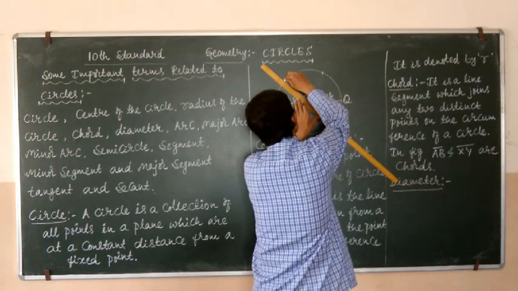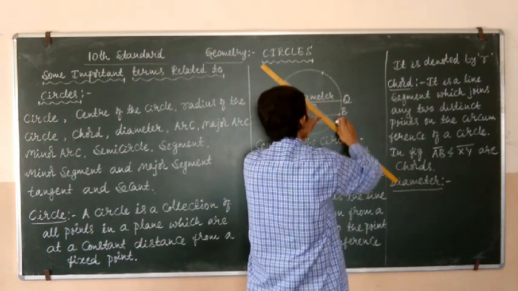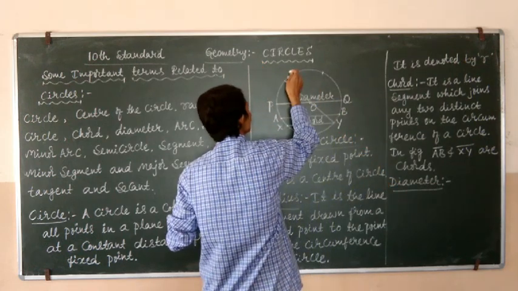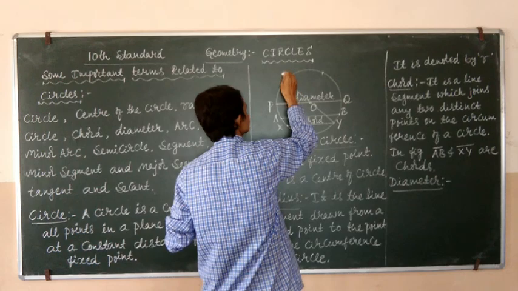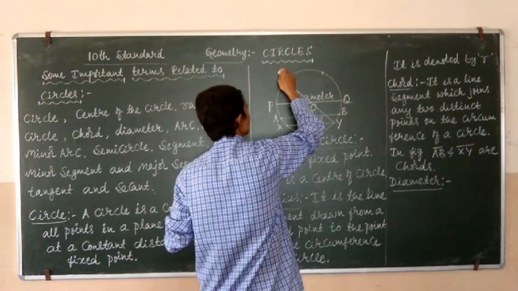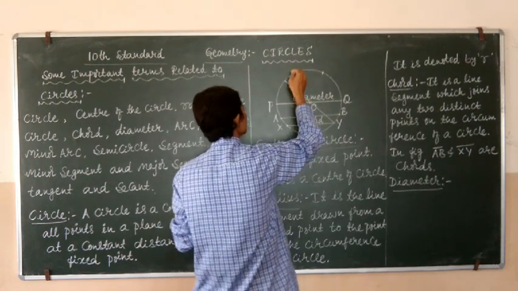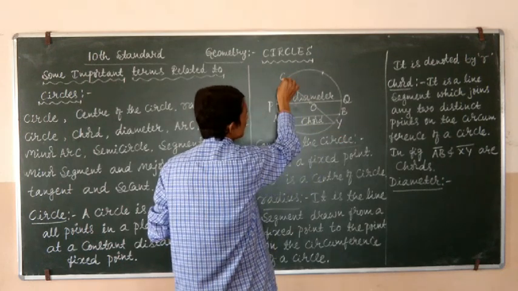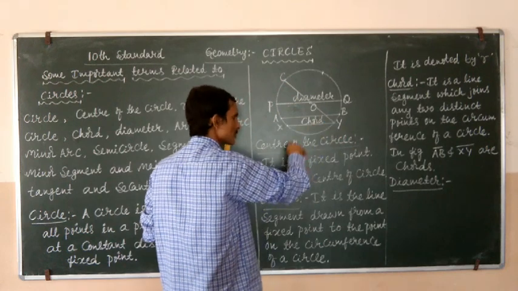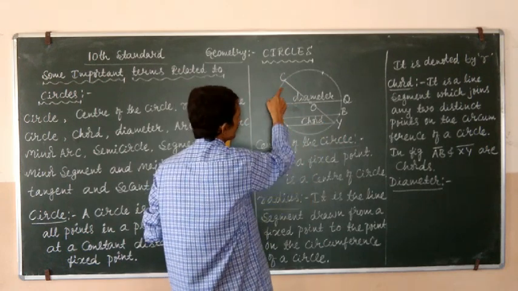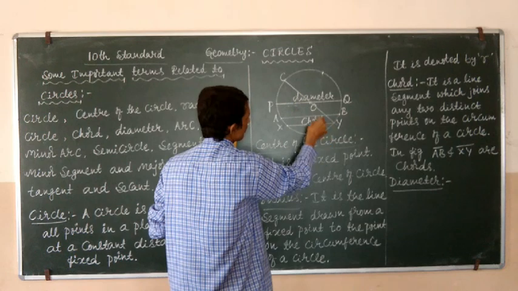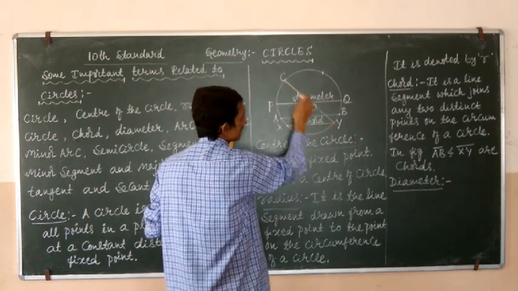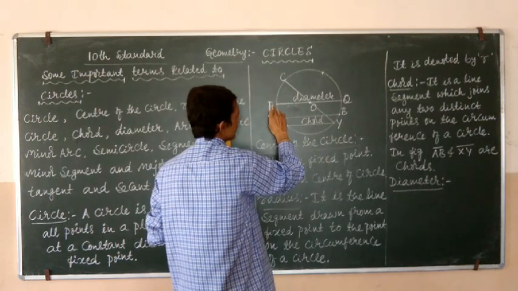Here I am joining the point Y with another point on the circumference of the circle, calling it C. CY is also called a diameter because this is a chord which passes through the point O. CY is a diameter.